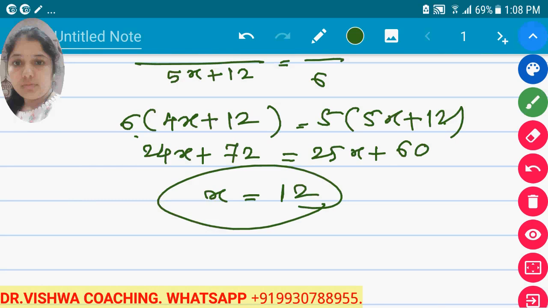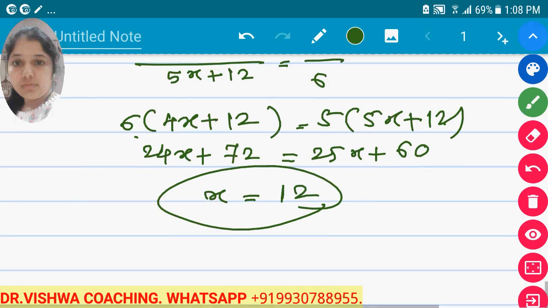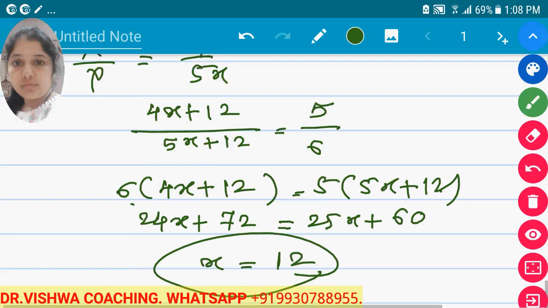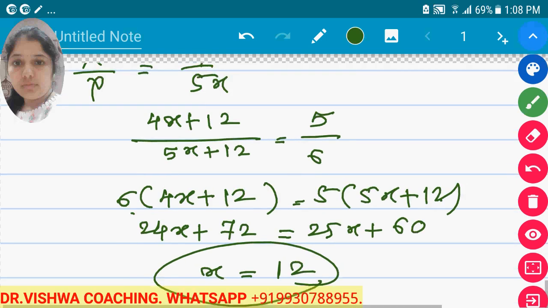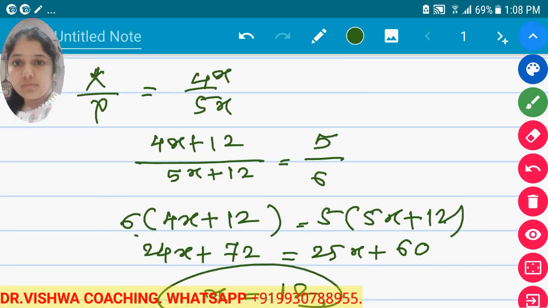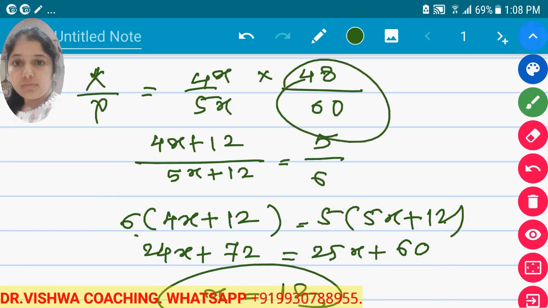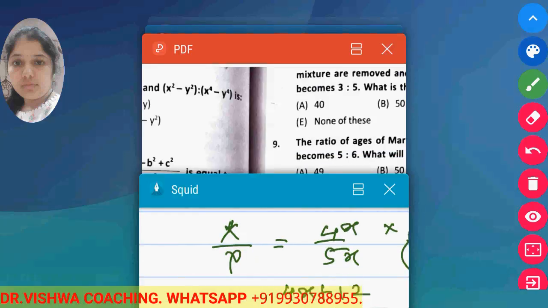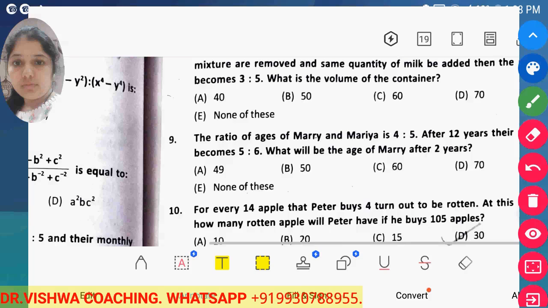Now it is only the value of x. So their ages are 48 and 60. Okay, so Mary's age is 48 and Maria's age is 60. Now after 2 years, Mary's age becomes 50.